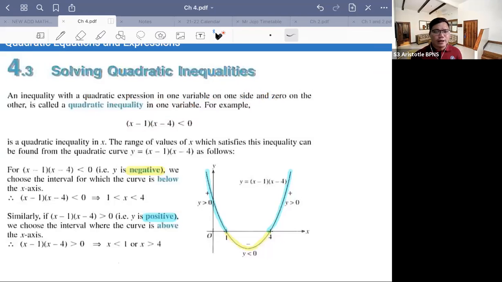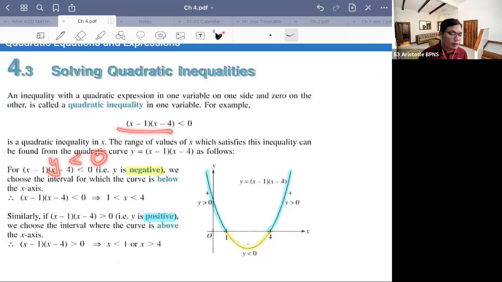Now, as you guys can see, I have here a graph to represent the range of answers or range of solutions for this one. Okay. Now, for example, obviously this is less than 0, right? So that means that your y is less than 0, because this is your y.